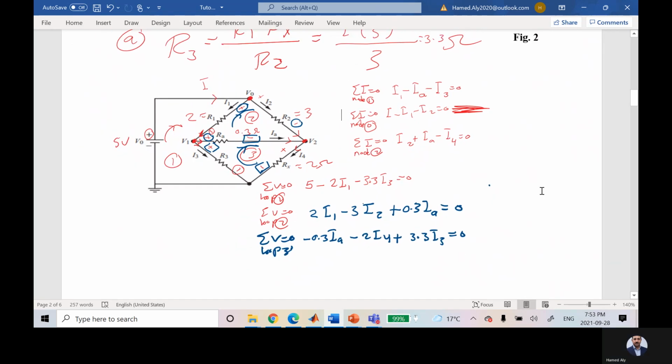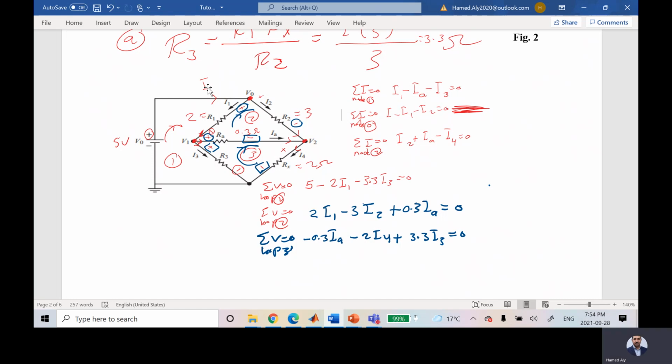Now, can I solve this problem by using a different way to minimize the number of equations? The answer is yes. I can convert delta to star and find I total, right? And after that, start to distribute I, but I'll leave it to you to solve it if you want.